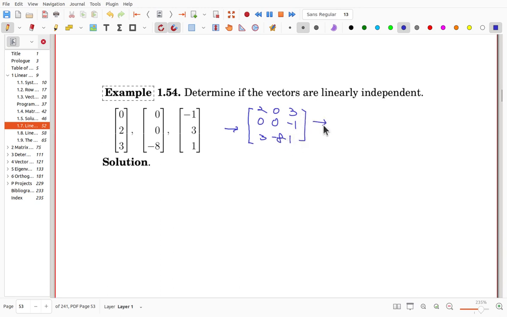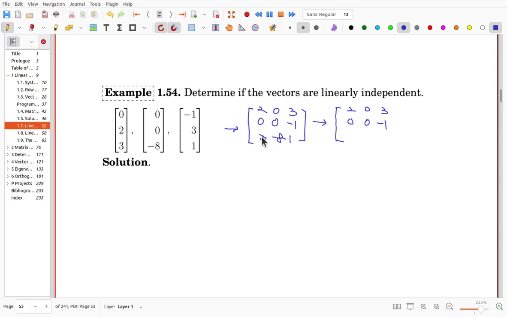From here, now let's eliminate this one. Then that is now 2, 0, 3. That is 0, 0, minus 1.